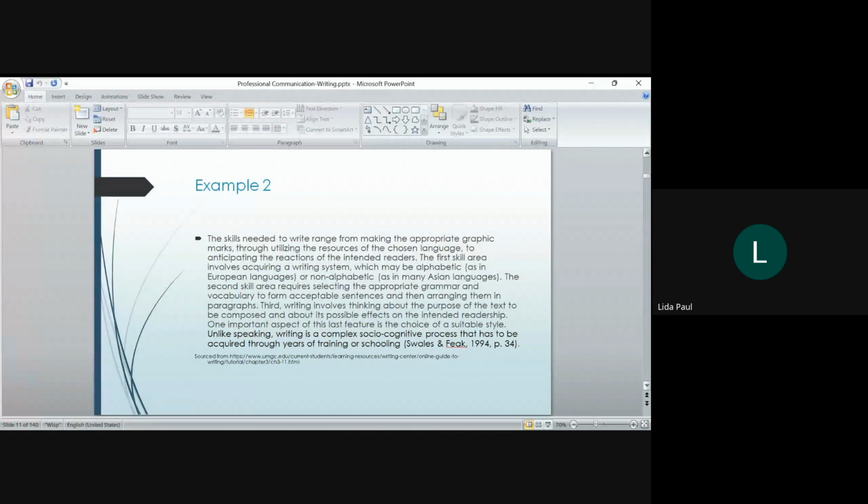Compare that sentence with other sentences you see here and tell me which one talks better about the part that we are going to talk about, writing. Isn't that still the last sentence? If you look at it carefully, unlike speaking, writing is a complex socio-cognitive process that has to be acquired through years of training or schooling, right?